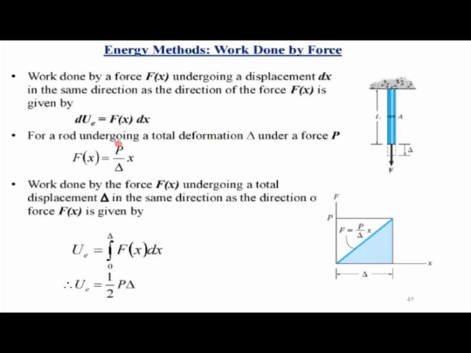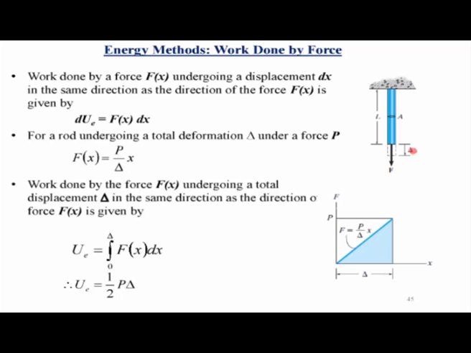Now if the rod undergoes a total deformation of delta under this load F, then at any deformation x between 0 and delta, the force that has to be applied is proportional to the deformation of the rod.